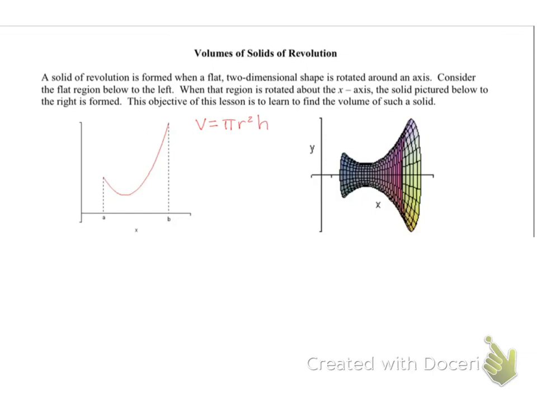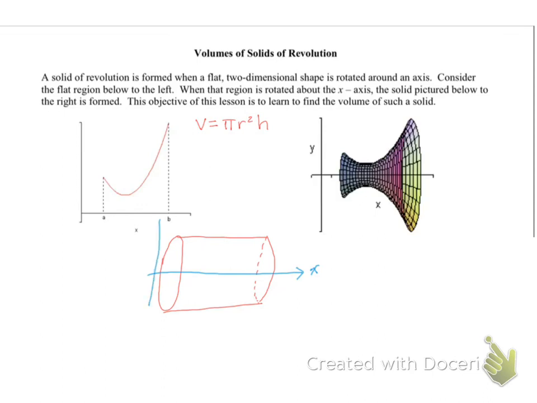So let's imagine for a second that I have a cylinder on its side. Okay, so here's my cylinder. Now, let's imagine that the x-axis goes straight through the center of this cylinder here. Okay, so that is the x-axis.